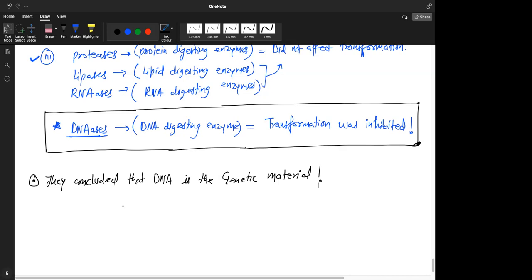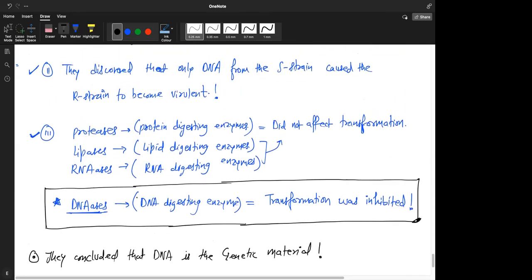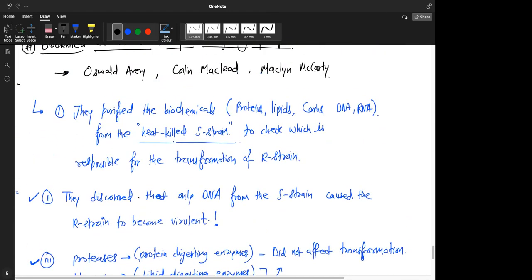Like we could not see what is being added and whether you are 100% sure that it is DNA or not. So everyone was not convinced. Though they concluded and they thought that this is a good way to do it, since everyone was not convinced, these experiments are studied, but not regarded as the proof that DNA was the genetic material.